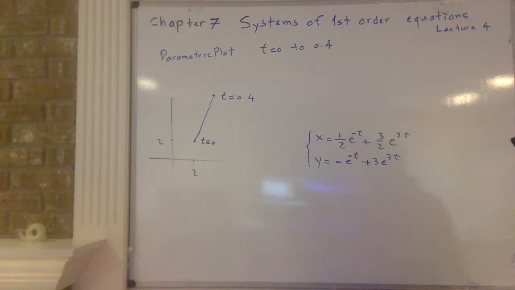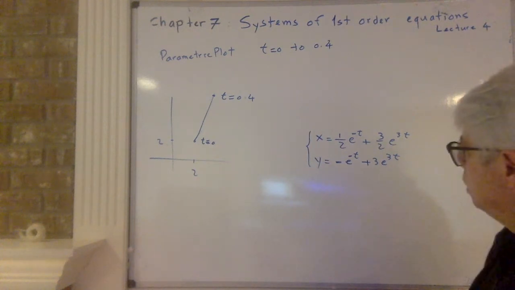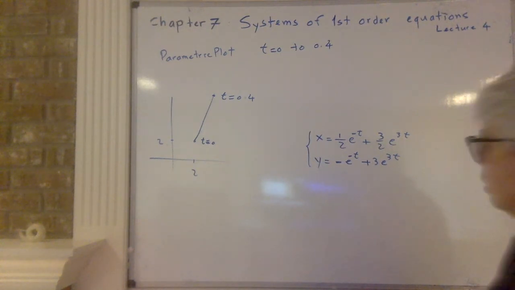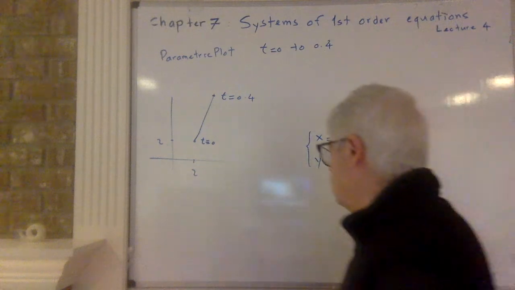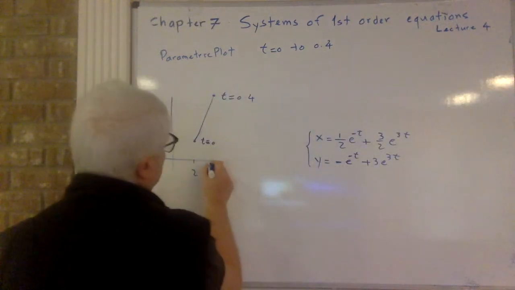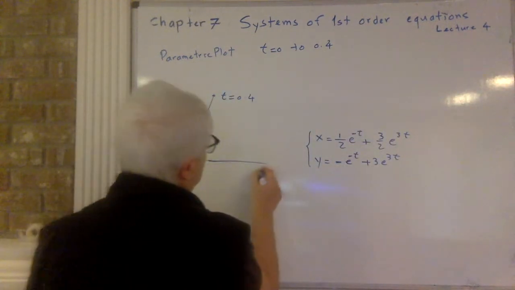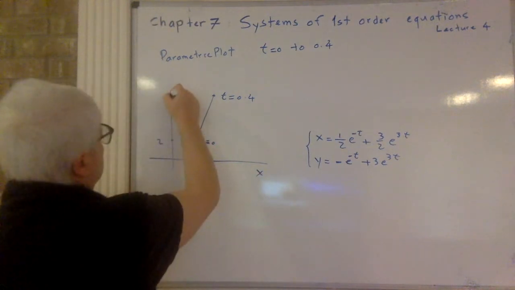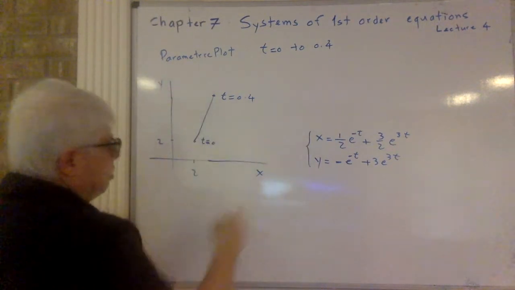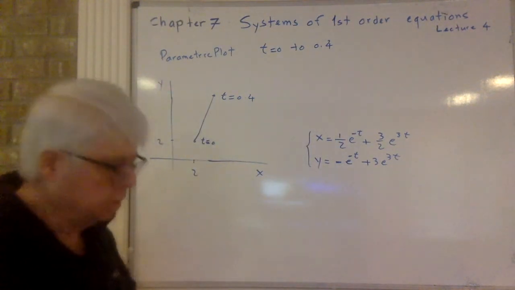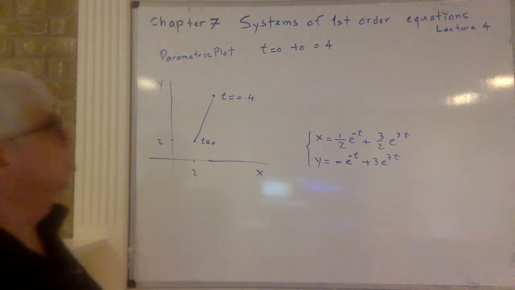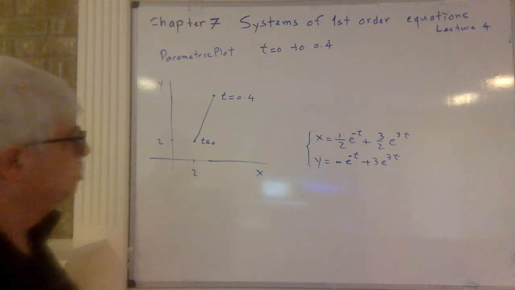So if I graph this thing, that's what I get. So my solution combined in the xy plane as parametric equations for a curve is this, a curve in the xy plane.